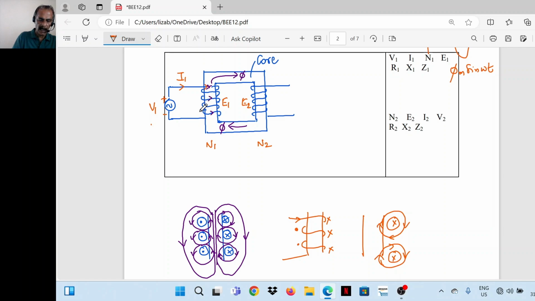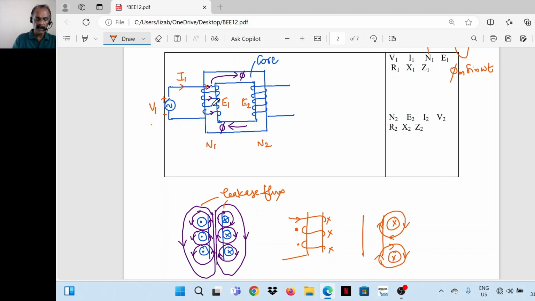If you take the conductors on the other side, this is the direction. So this flux is called leakage flux. It completes its path partially through air and partially through the core. The entire flux will not complete its path through the core, but a portion will complete the path through air. This is called leakage flux.